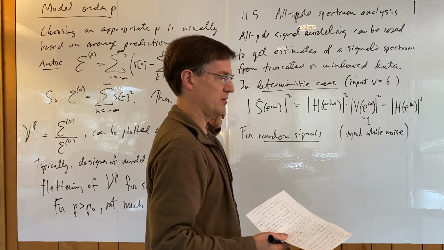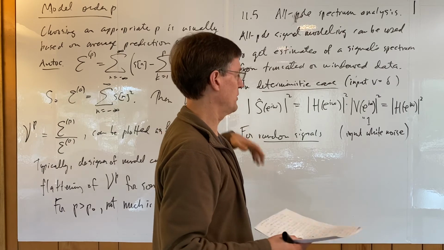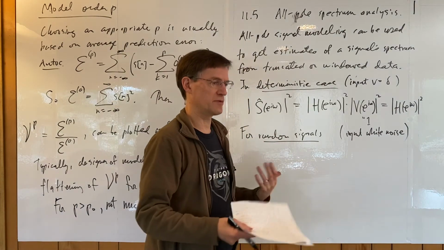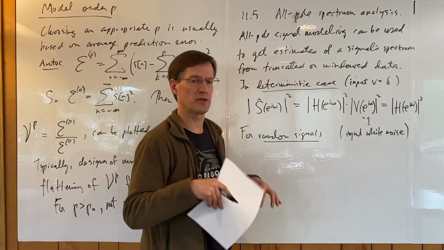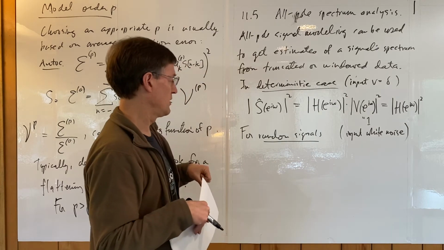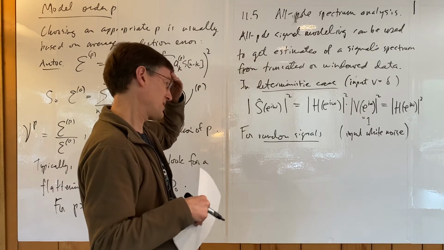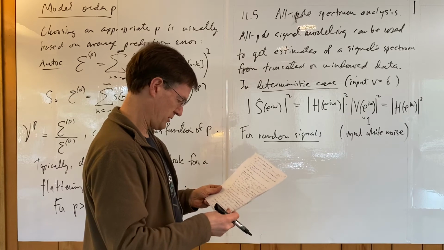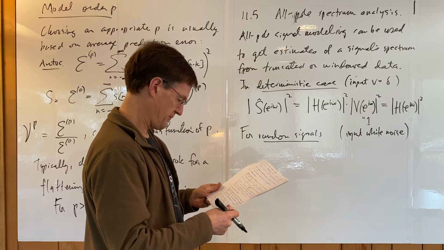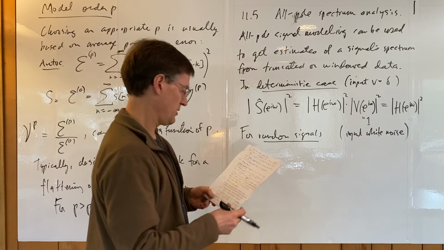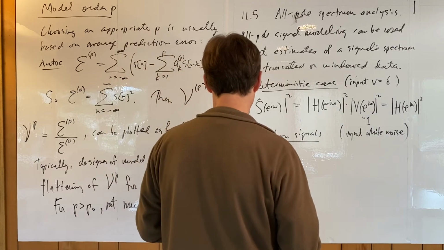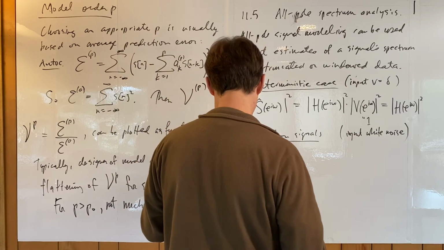Because when you talk about random signals, you talk about properties of the signals as opposed to the specific signal itself. So what kind of properties can we look at? Well, again, we can look at the autocorrelation function, and then in fact we can form the power spectrum. All right, so that looks like this.